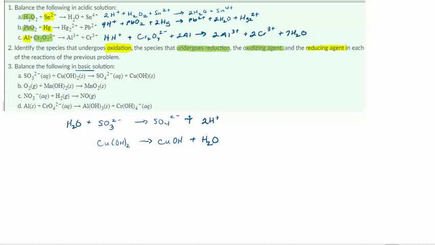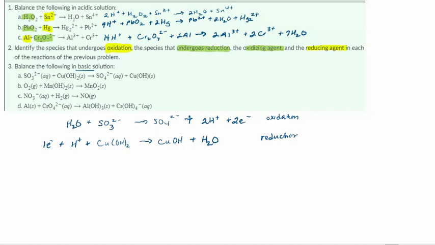I must need 1 hydrogen here. Now we balance our charges. So we have a -2, and we're neutral on the product side, so I must need 2 electrons over here. This is my oxidation reaction. And here I have a positive and I have a neutral, so I must need 1 electron here. This is my reduction.